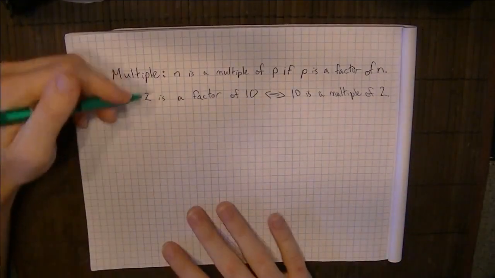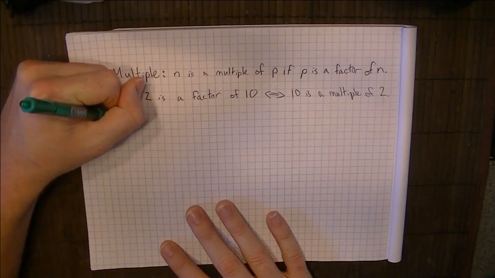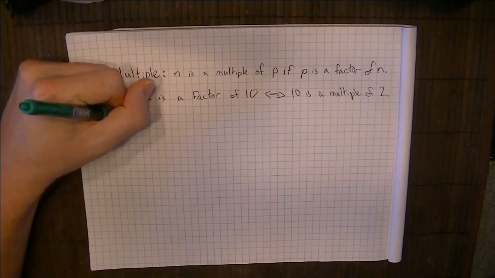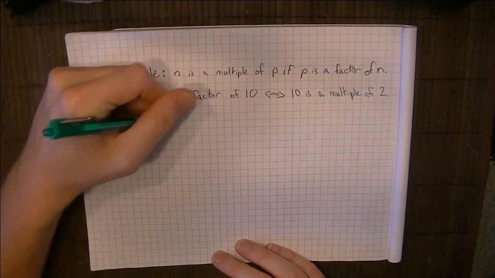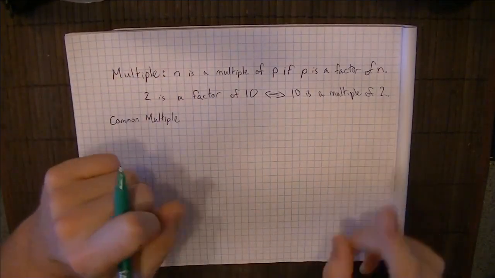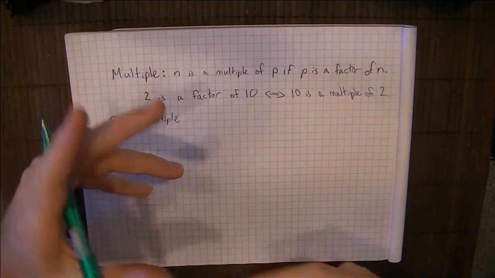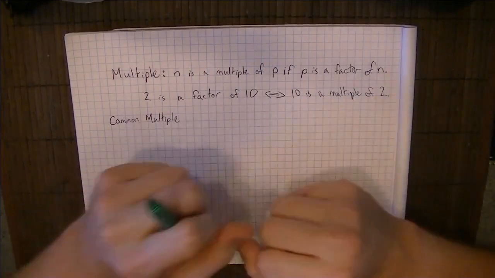Okay, so a common multiple. In order to talk about common multiples, we need to have two numbers for this to be a common multiple of. So they would share this multiple in common.